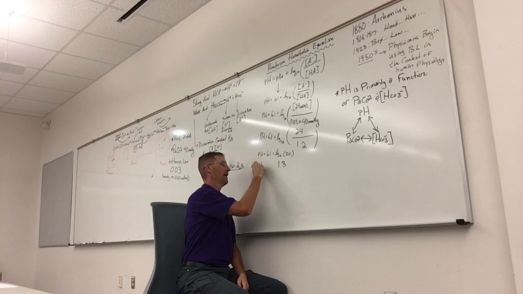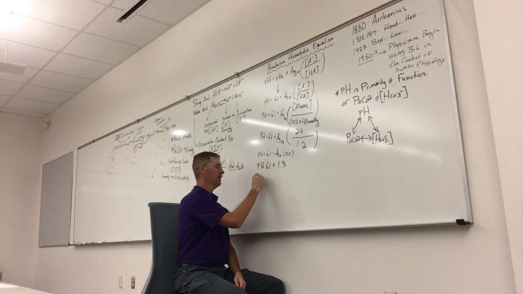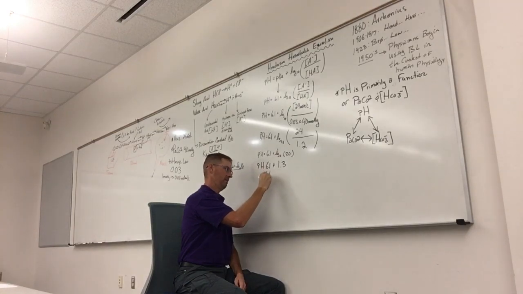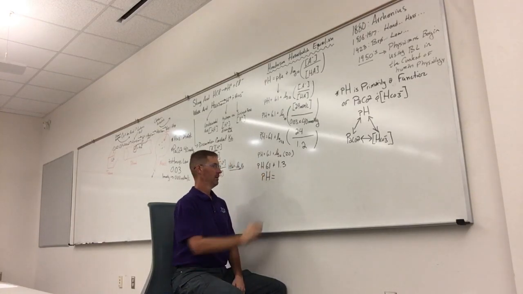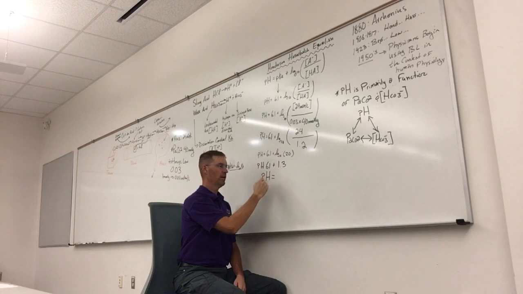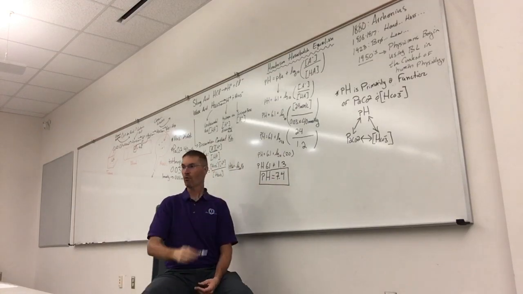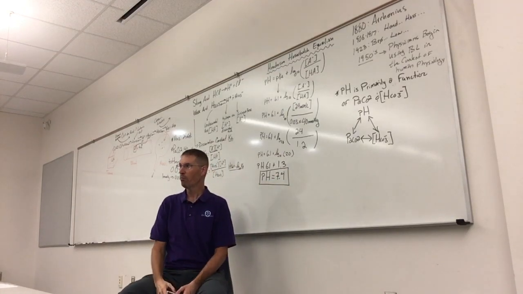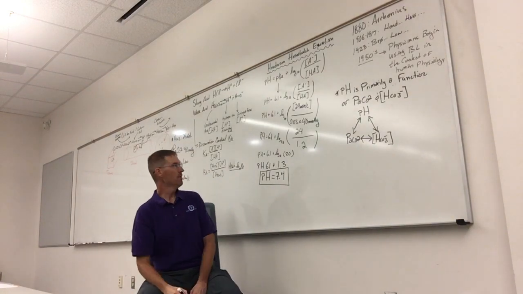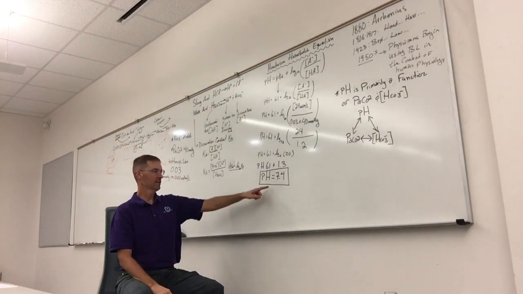So now let's go ahead and rewrite the equation. 6.1 plus 1.3, and what does that give me? 6 plus 1 is 7. 0.1 plus 0.3 is, holy cow, 7.4, the normal pH in the human body, not the range.